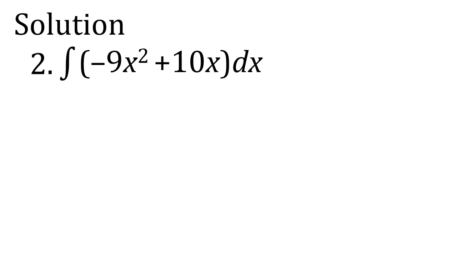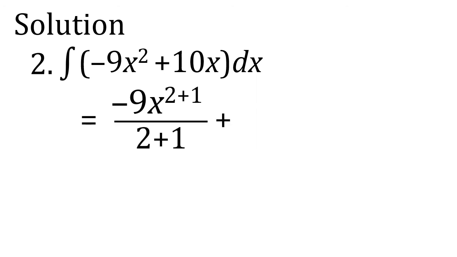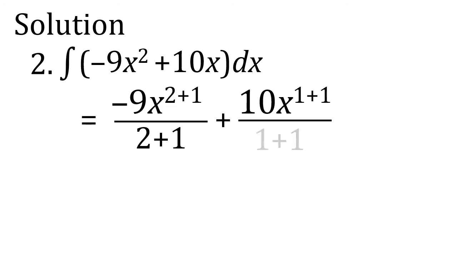Let us see if you get the correct answer, or if you did the same process. This will be equal to negative 9x to the 2 plus 1 over 2 plus 1, plus 10x to the 1 plus 1 over 1 plus 1, plus c.